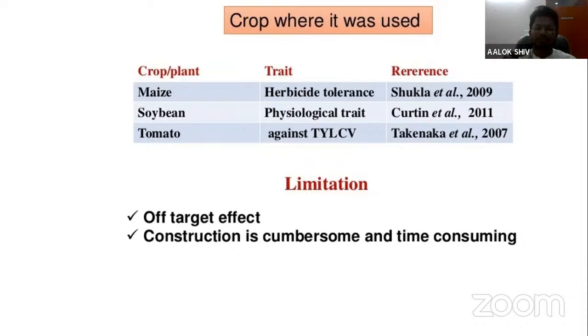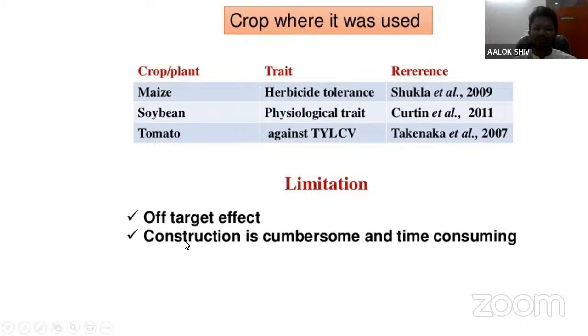That's why it is also editing different locations in the genome that we really don't want, because it will unnecessarily bring some other changes. That's why this is called an off-target effect, and this is because of lack of specificity, and we have to reduce it. The construction is cumbersome and time consuming.